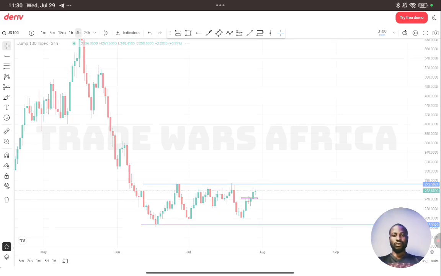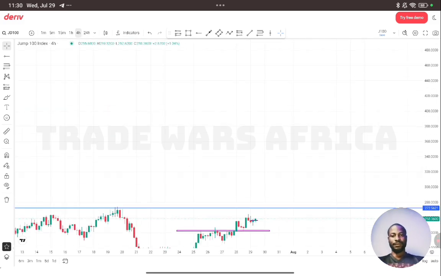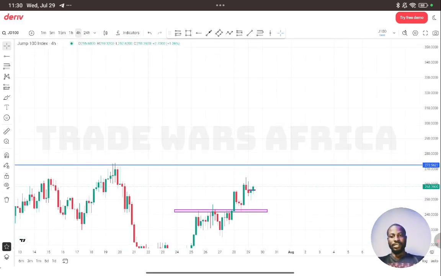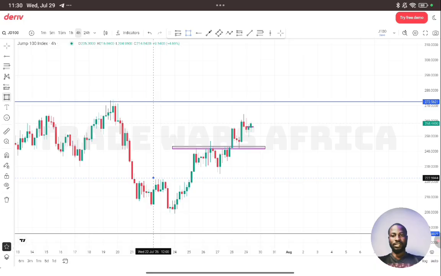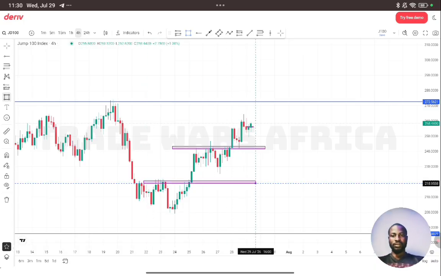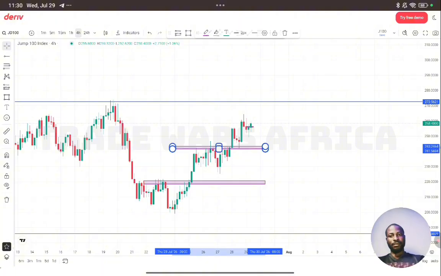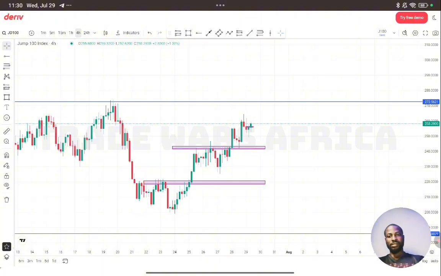So we'll go to a lower time frame like 4 hours. Then we have our zones to be here, right? We have one here. Market didn't get to this point though, so market broke this other one, then this other one.